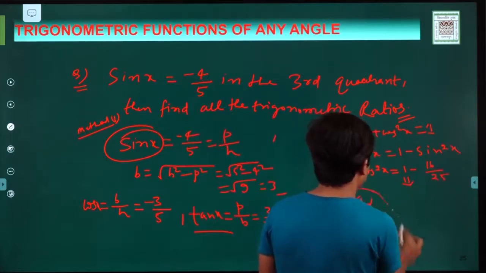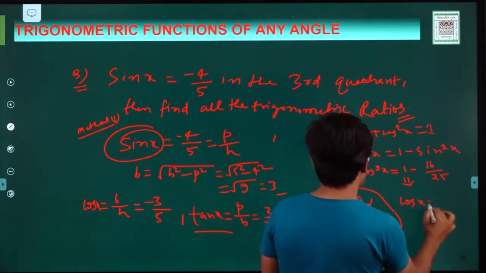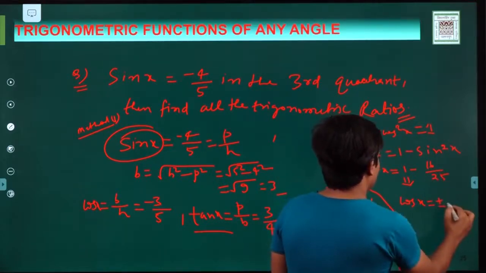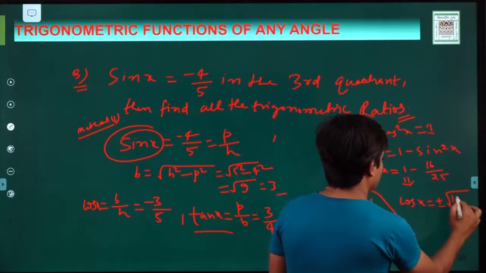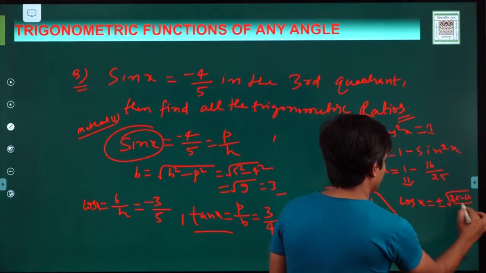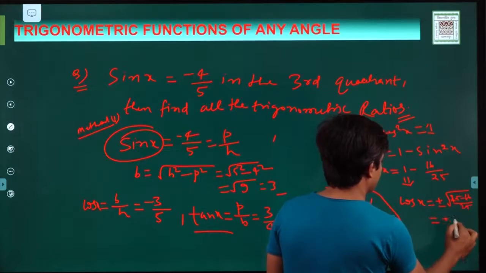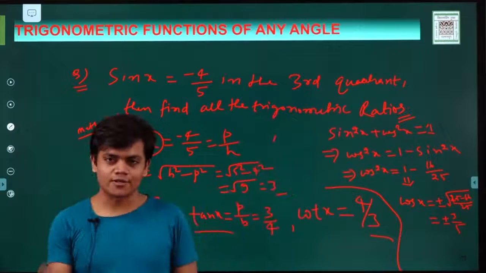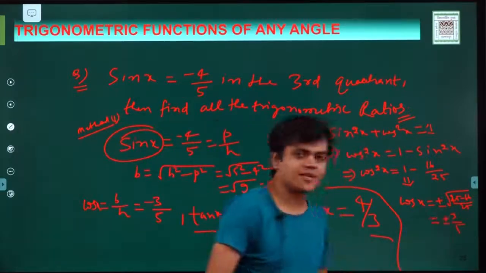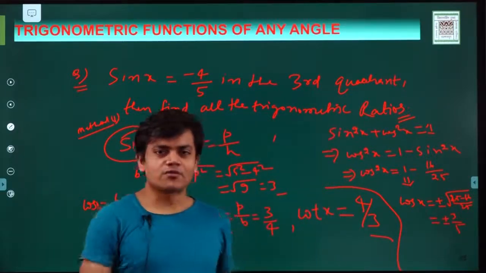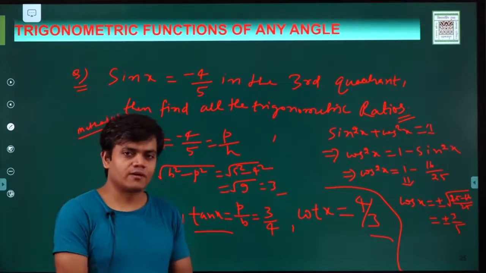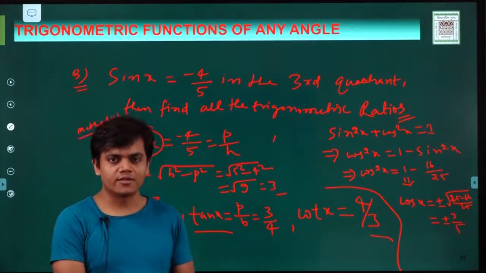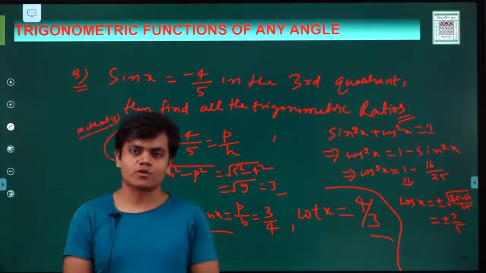From here you can find your cos x directly as plus minus under root of (25 minus 16) by 25. So it will be plus minus 3 by 5. But as we are discussing the third quadrant, we will take the negative sign. Okay. So there are two ways, but you should remember the sign of trigonometric functions and then you can do things easily. So in the next video we will discuss trigonometric functions.